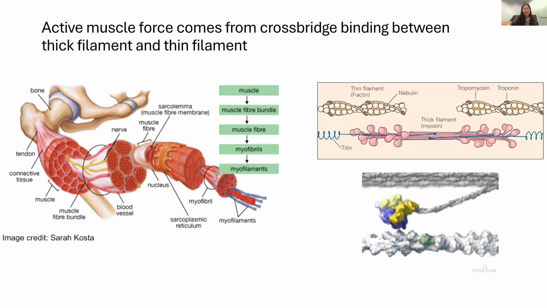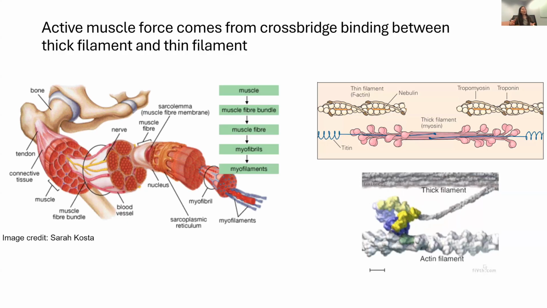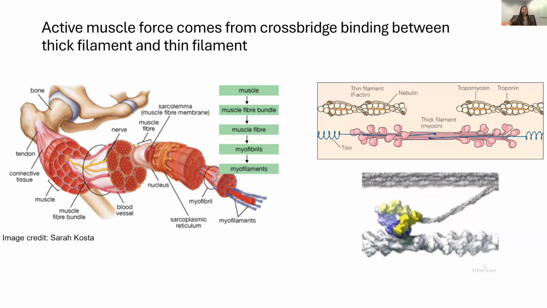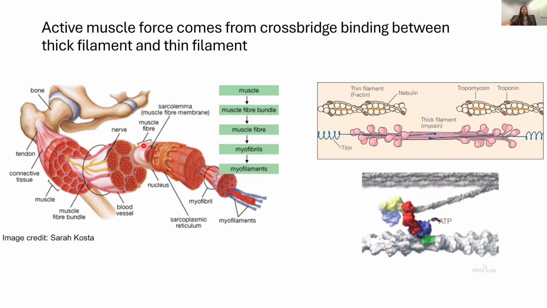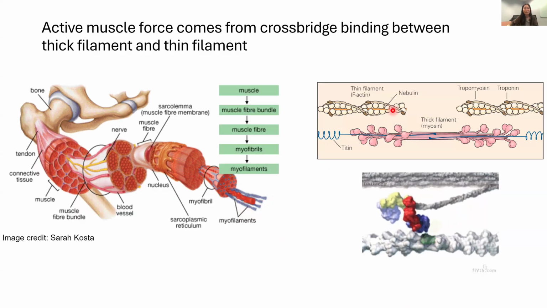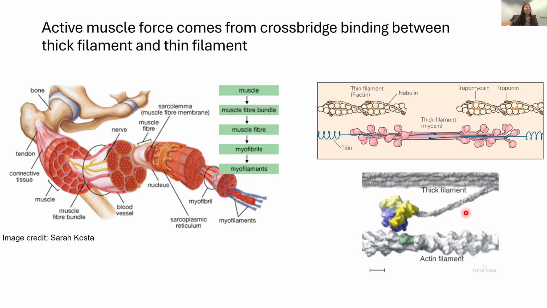All right, let's talk about the physiology a little bit. Active muscle force actually comes from the cross-bridge binding between the thick filament and thin filament inside the muscle. On the left, we see the structure of the muscle. Muscles are bundled in multiple layers, but deep inside there are myofilaments, actin and myosin filaments. In between them, there is a molecular binding called cross-bridges.